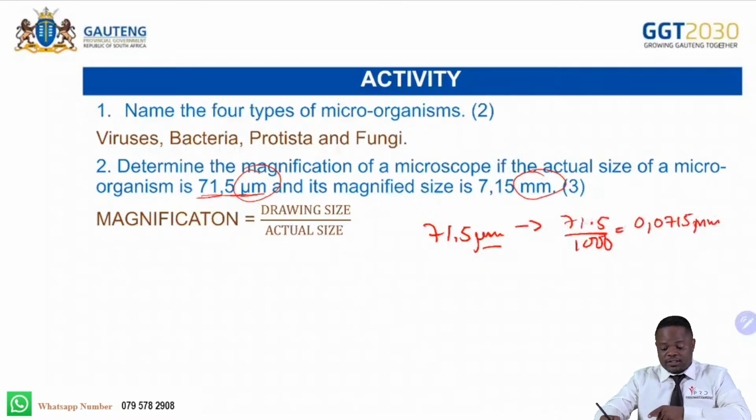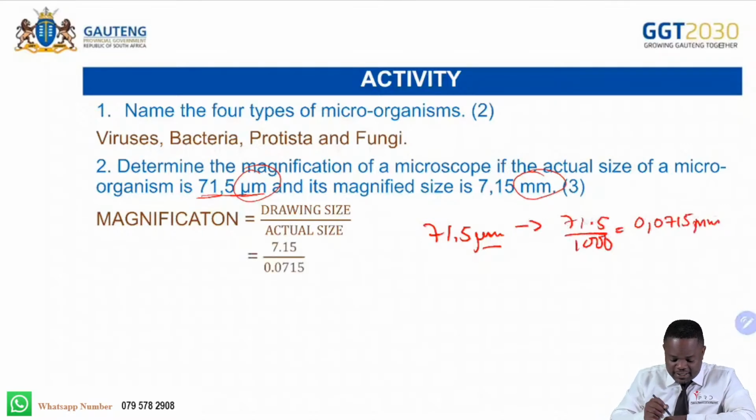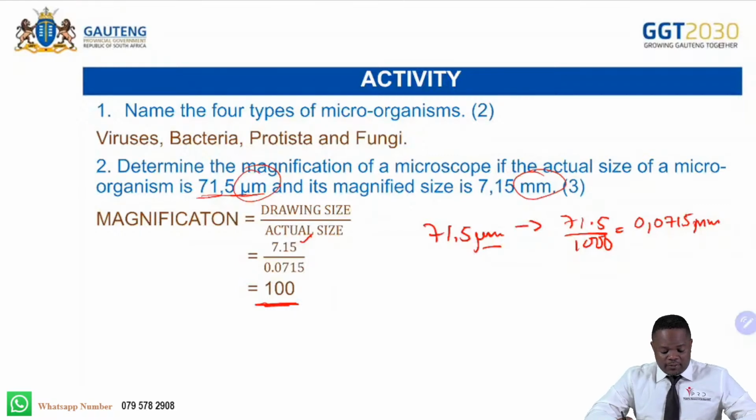Right. So now we can substitute that value into our calculation. Right, magnified size 7,15 millimeters. Actual size 0,0715 millimeters. So ensure that your units are the same. All right. Then we get our magnification 100. Okay. I hope you're able to get that one.